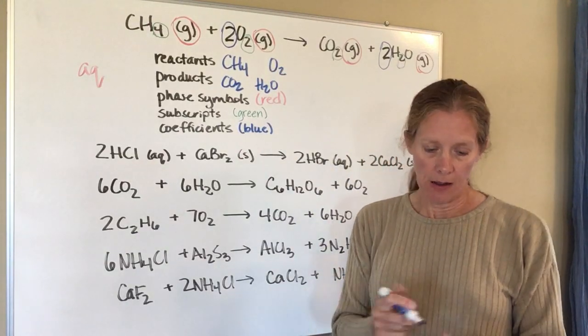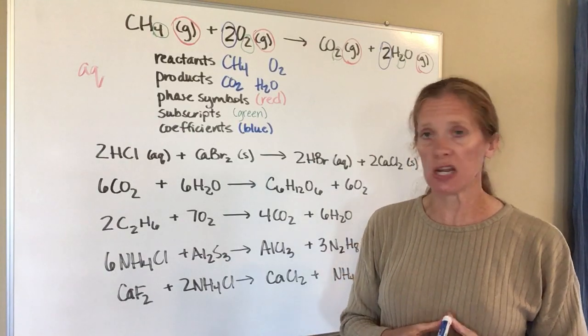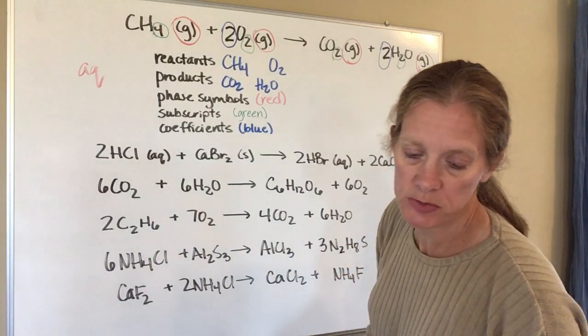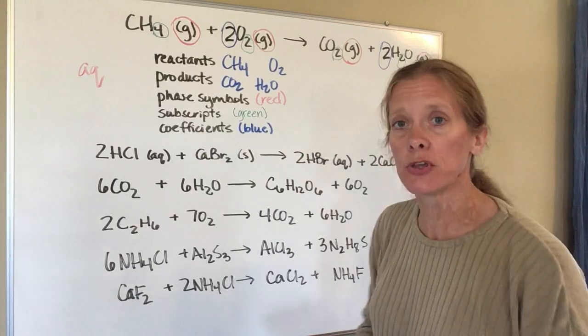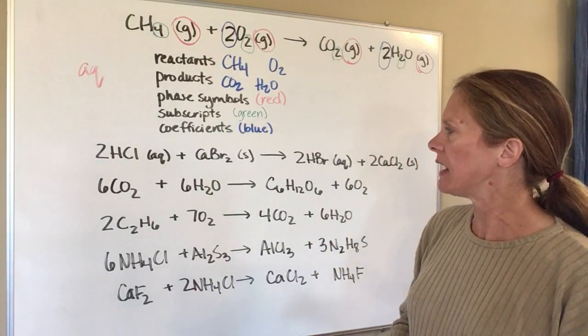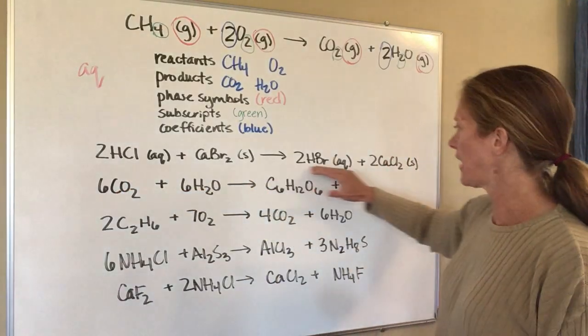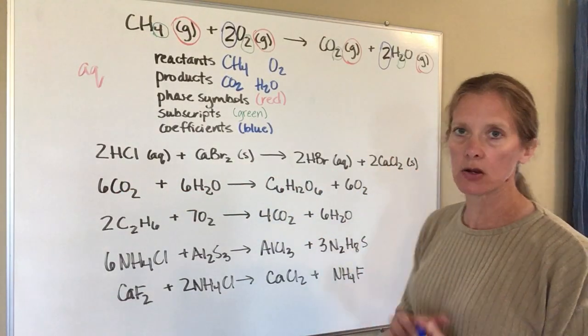Okay? Now, I had told you in your lesson plans that you should have the sheet for sample problems for video number 4 and number 5 with you when you were watching this video. So now's the time when you want to pull that out. And if you look at the very first equation on there, that's what this equation right here is.